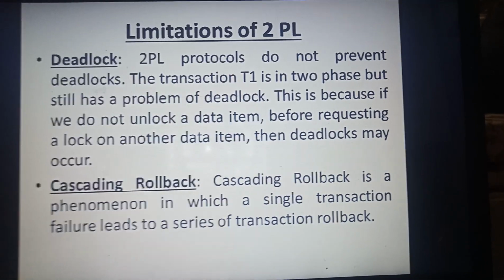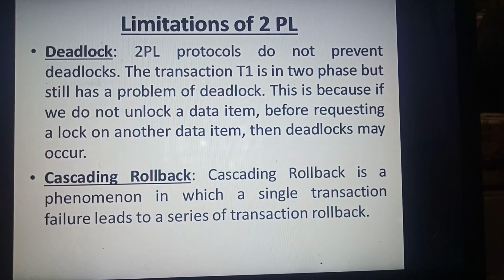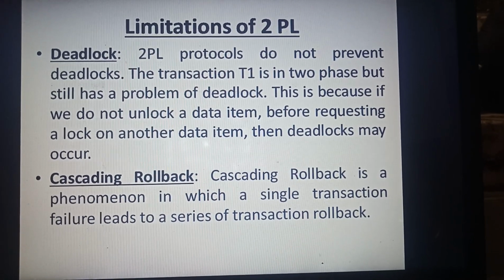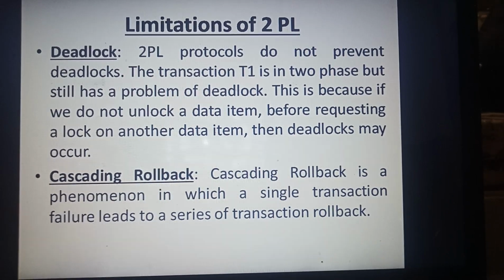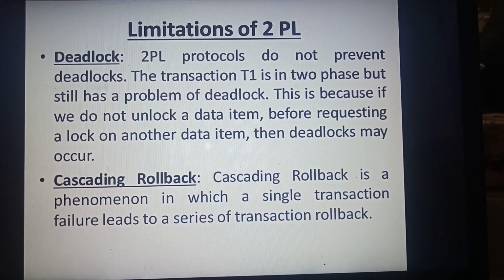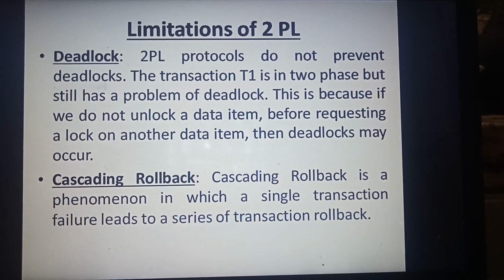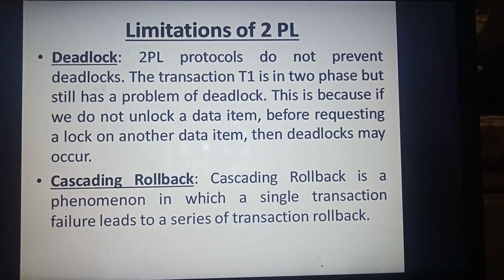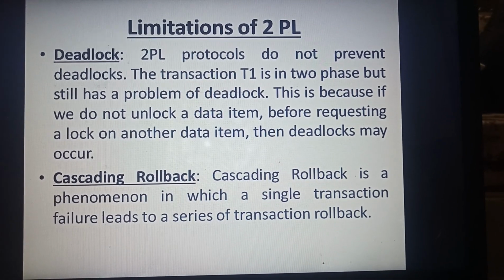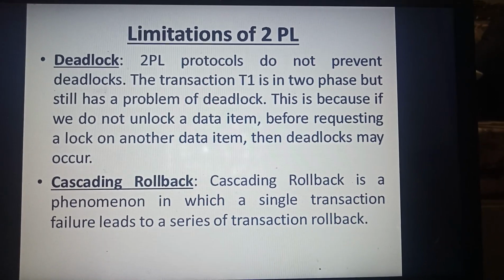Now there are two limitations of two-phase locking. First is deadlock. Now two-phase locking protocols do not prevent deadlocks. The transaction T1 is in two-phase but still has a problem of deadlock. This is because if we do not unlock a data item before requesting a lock on another data item, then deadlocks may occur.